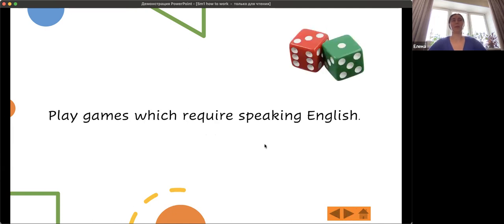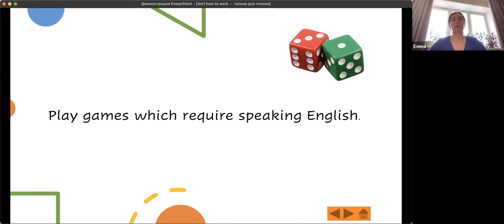Then, of course, if you want to motivate students to speak English, you need to play games which require speaking English. So it's not just about having fun, it's about learning, yes? Well, we have lots of games in our offices. For example, Jenga. Yes, Jenga is a great game, but originally people play it without speaking, so they just take out these bricks.